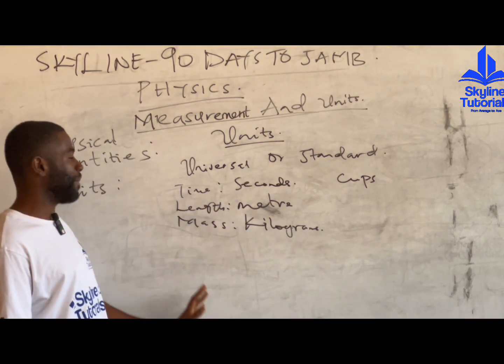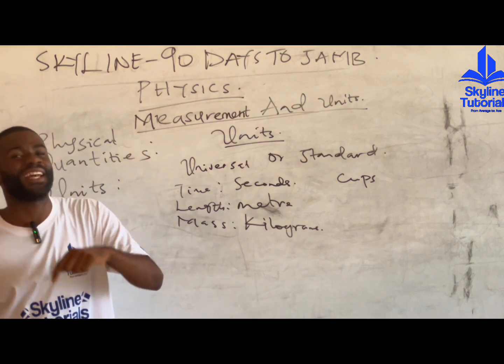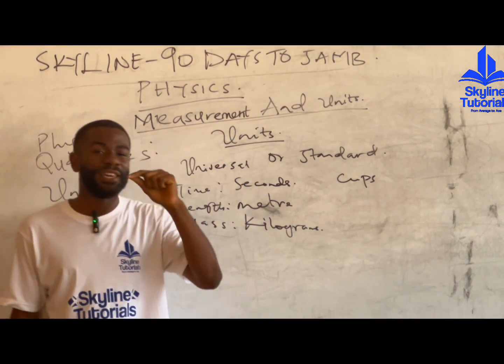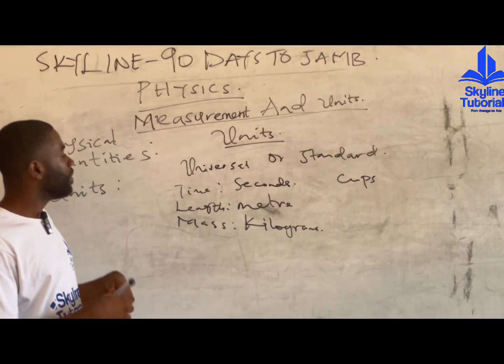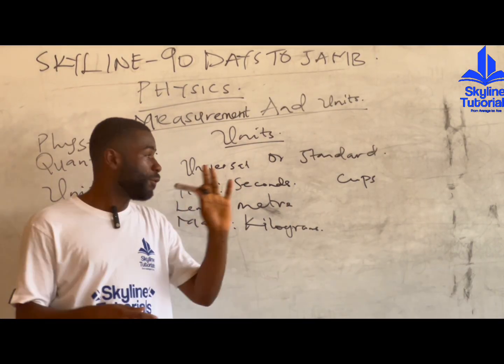So it is the same thing that's applied here. There are different ways of measuring quantities, but the universal and generally accepted method is what we refer to as a unit.